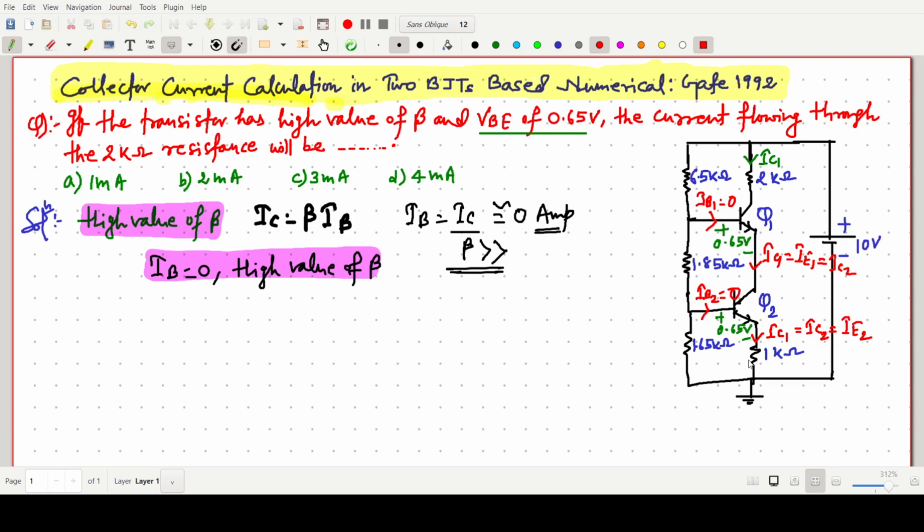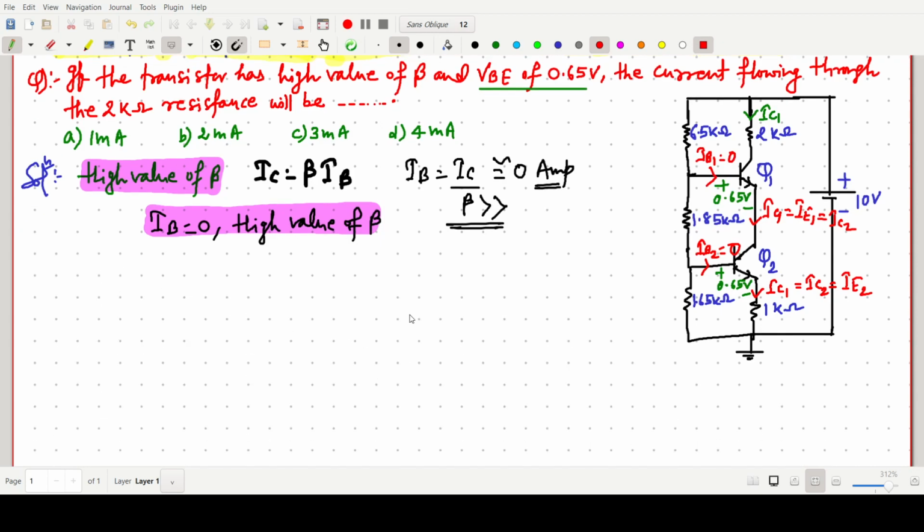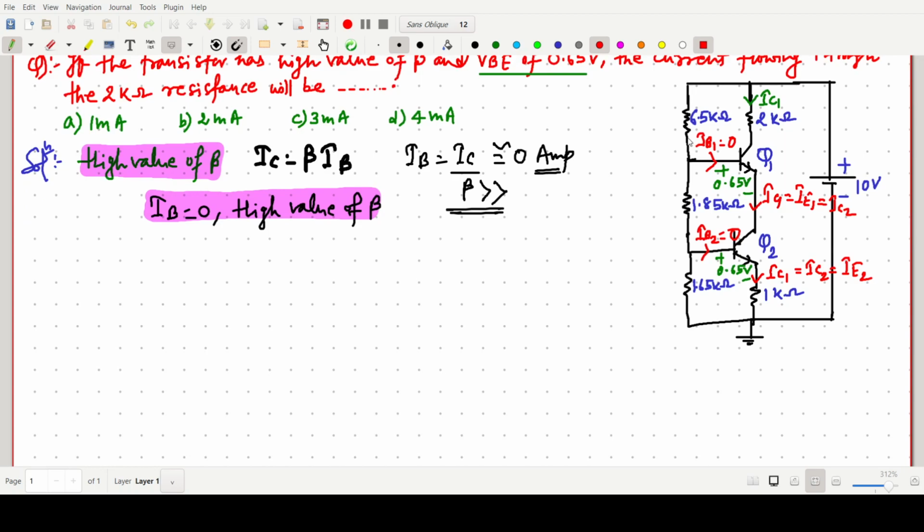Now IB1 and IB2 are 0. So we can say this current, say I1, and this current is also I1, and this current is also I1. So the same current flows through all three resistances.